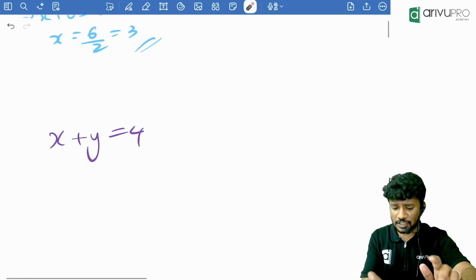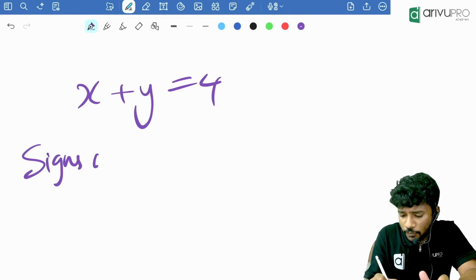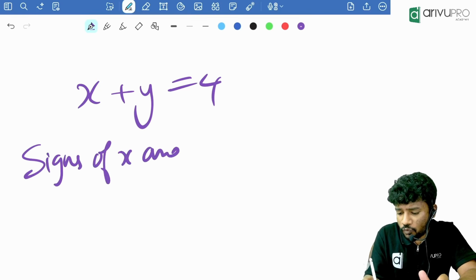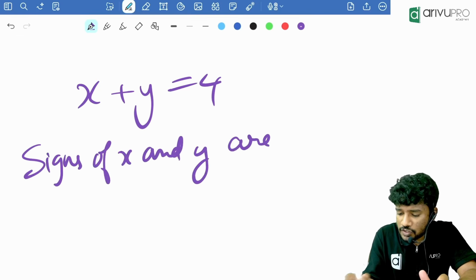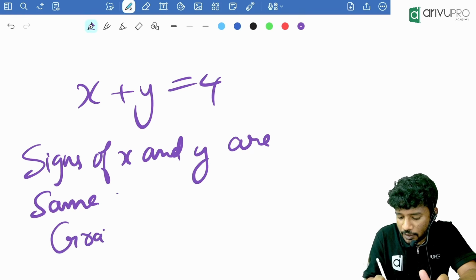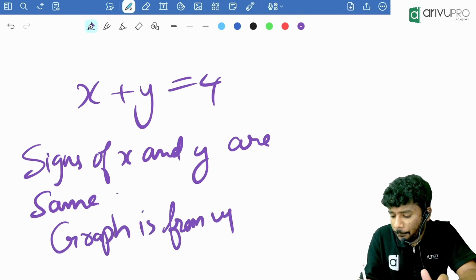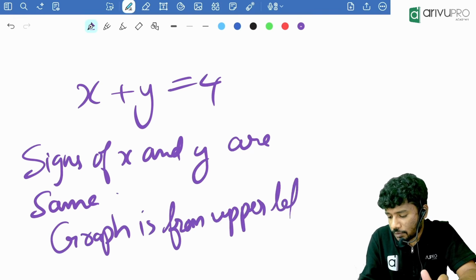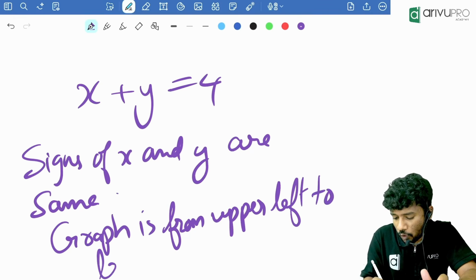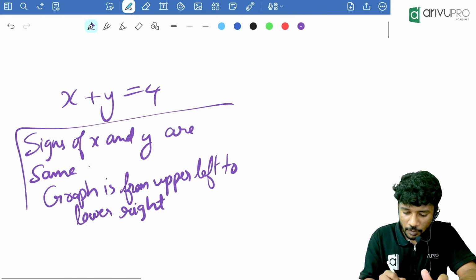So people in general, if signs of x and y are same, make a note of it, graph is from upper left to lower right. Very, very important.